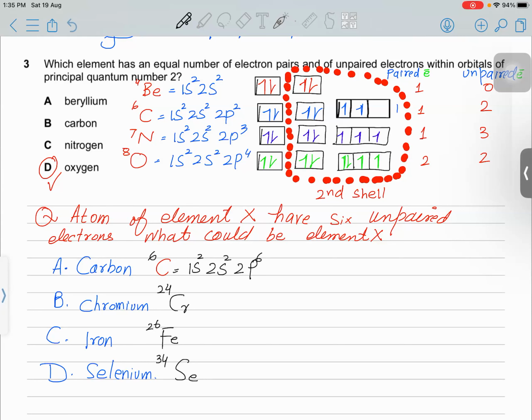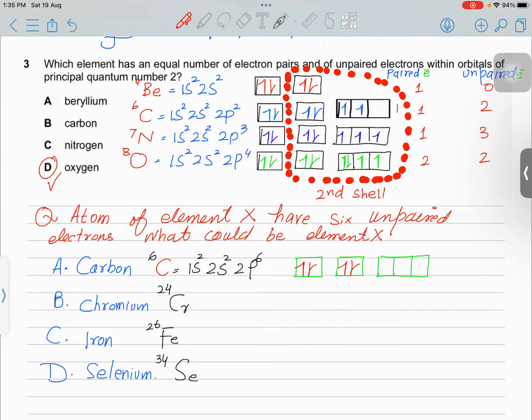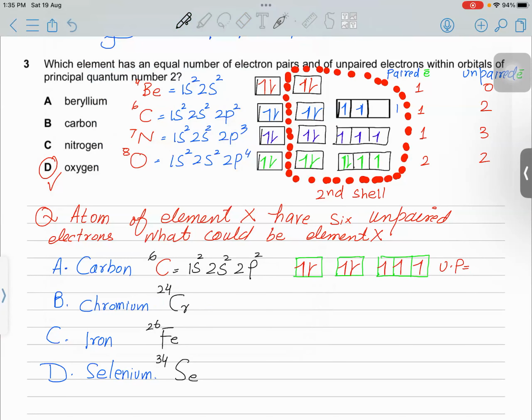So 1s2, 2s2. Can you tell me the number of paired and unpaired electrons? Carbon has 2p2, with two unpaired electrons.